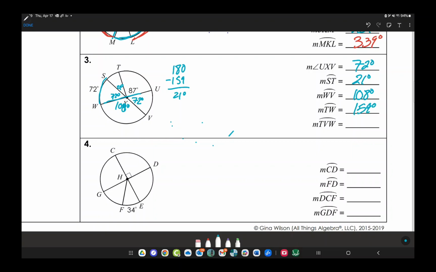And then TVW, that's the sum of all these right here. Or we could just do 360 minus 93 degrees, which is 267 degrees. However you want to do that, if you add them all up, you should get 267.